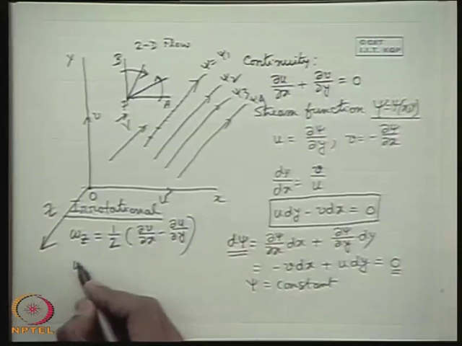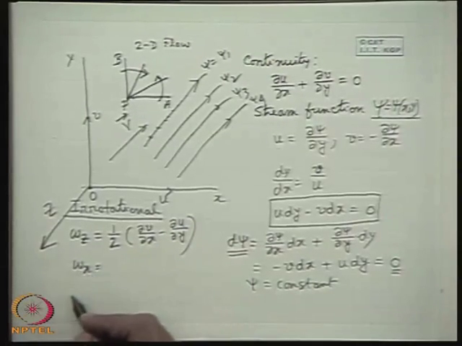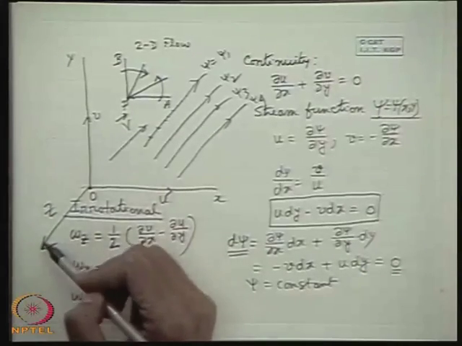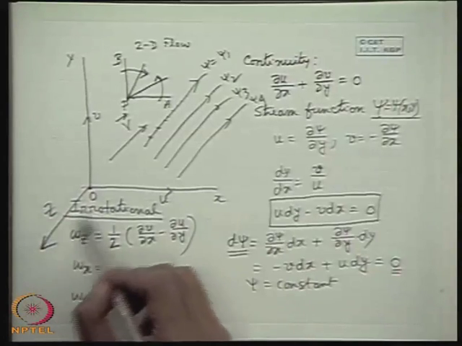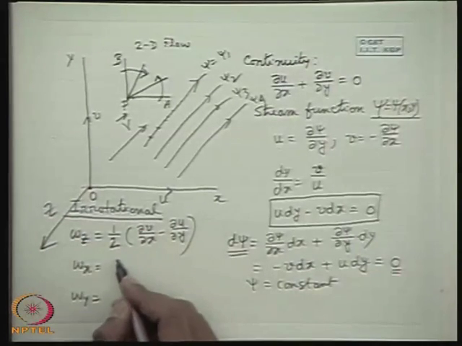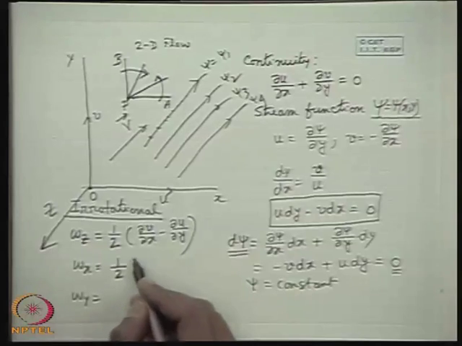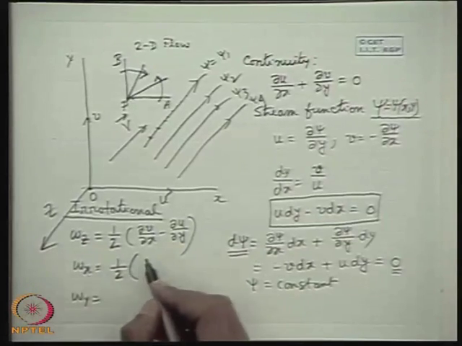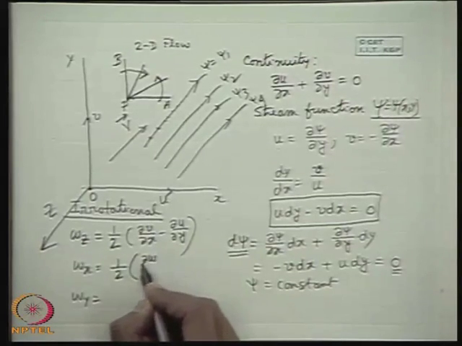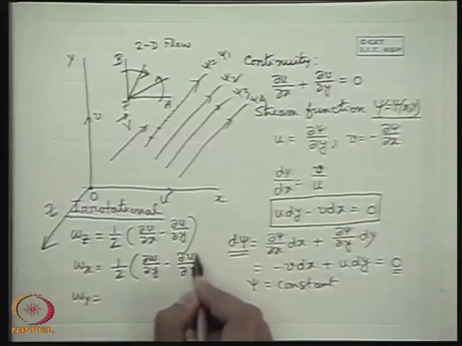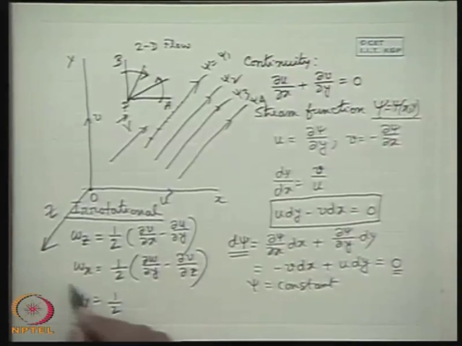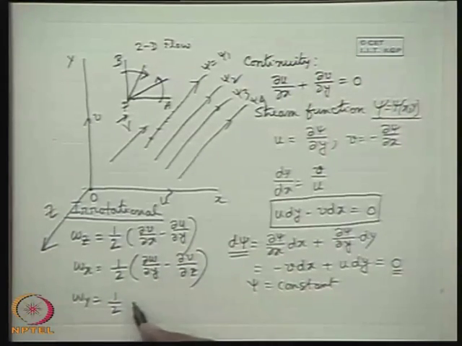Now we can recognize the other components of rotation. This is rotation in the xy plane, that is rotation about the z axis. Rotation in the yz plane is about the x axis: omega x is del w del y minus del v del z.